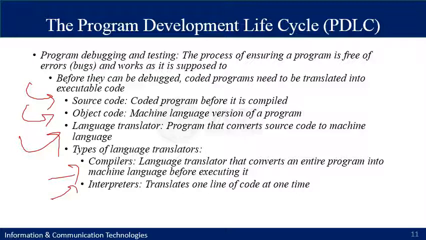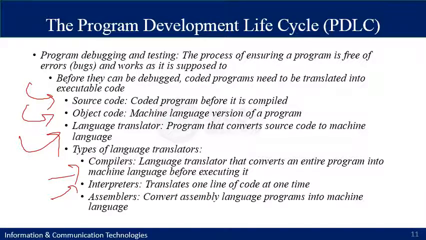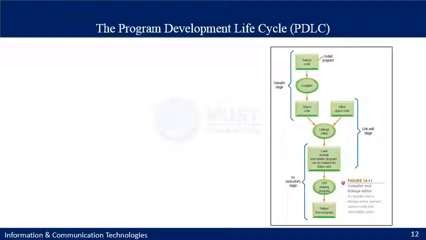Some languages have interpreters, which translate one line of code at a time. We may also have assemblers in some languages, which convert assembly language programs into machine language.